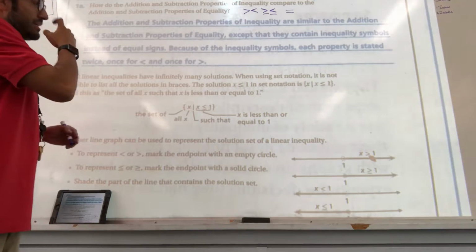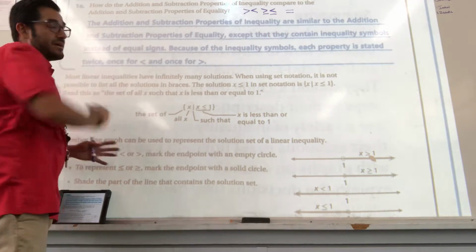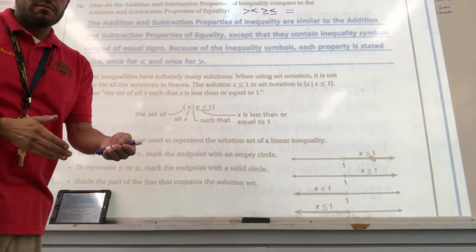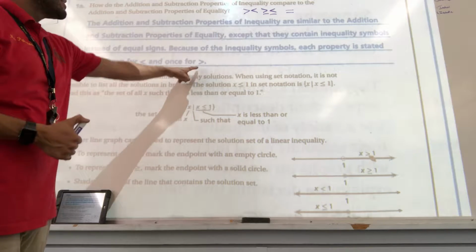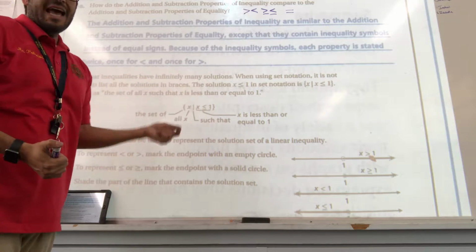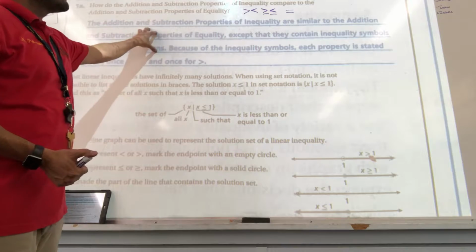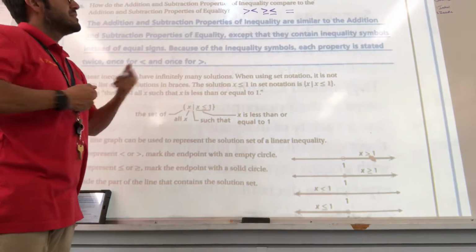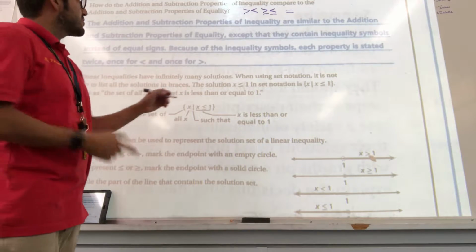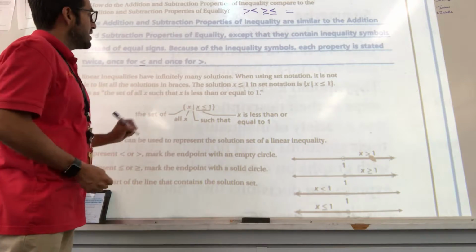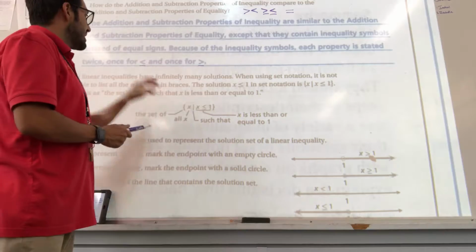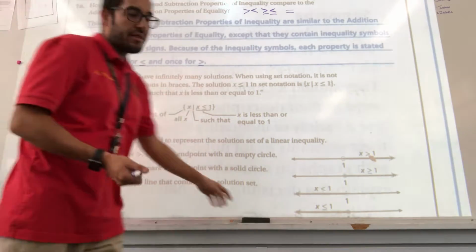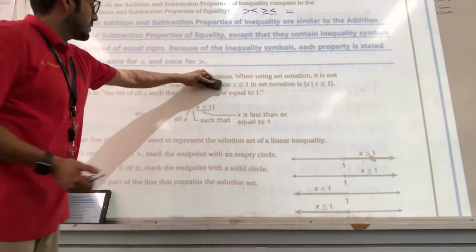So all this means is that essentially they're the same, with the main difference being the symbols that are used, and that the properties for inequality are a little bit longer because they have to contain information for scenarios where we have greater than or less than. And that's all that is saying. Okay?